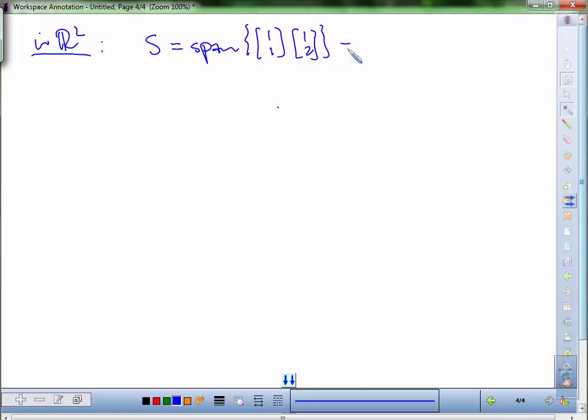So that means this is going to be any linear combination, which means a scalar times the first vector plus another scalar times the second vector.